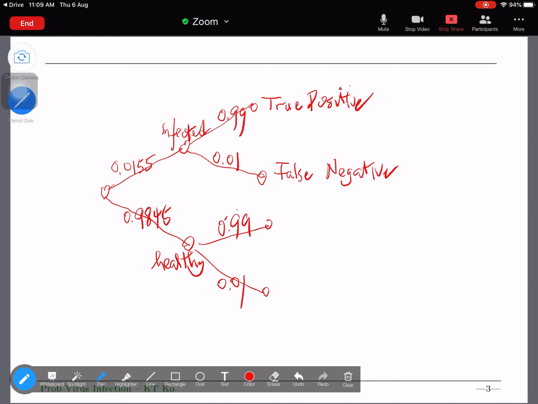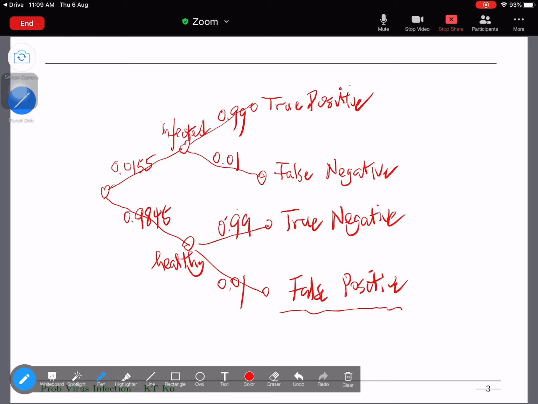And when it's accurate, then it's true because the person is healthy, that's true negative. When it's in error, then it shows up as a positive. But it's in error, so it's a false positive. We will look at the effects of this volume. Okay? And in each of the branches, we could look at the calculated possibility or probability.